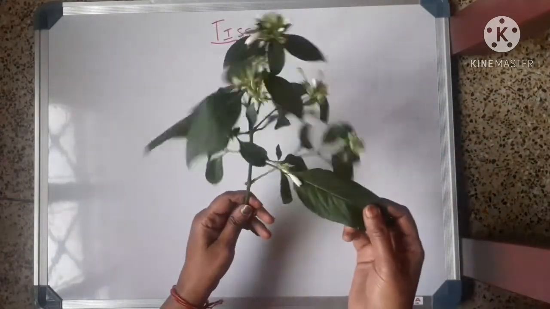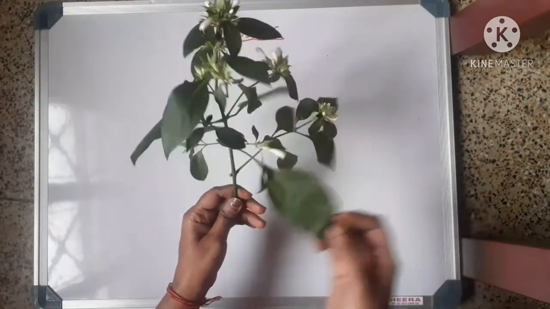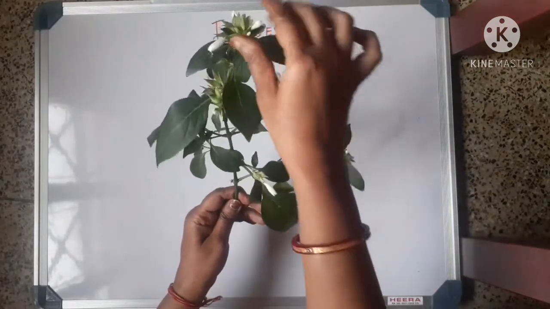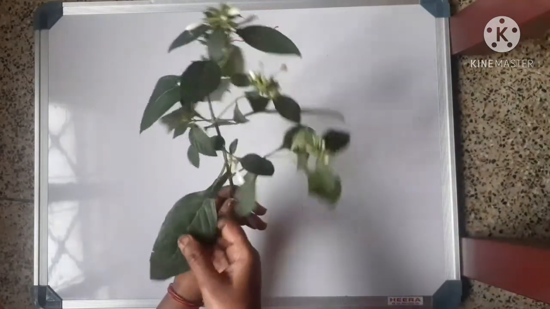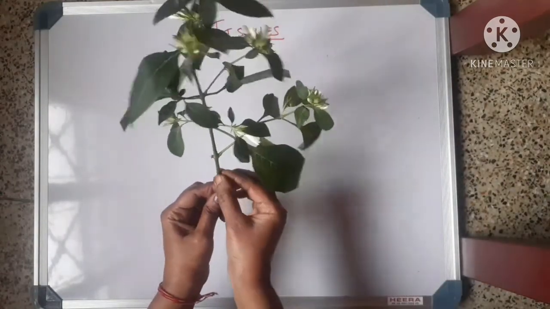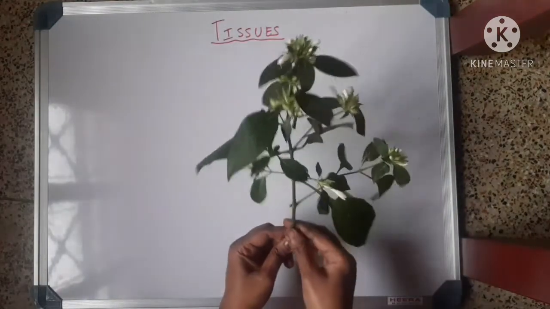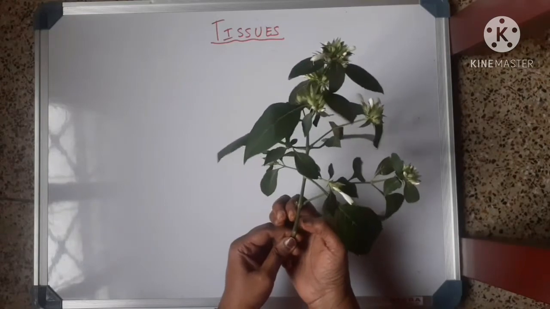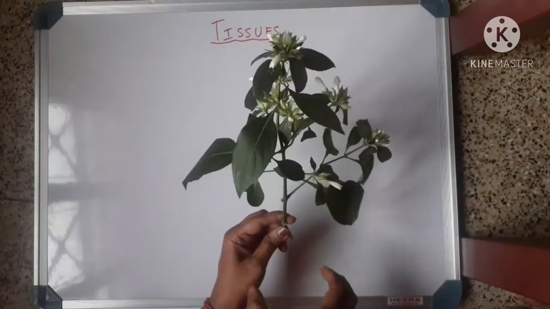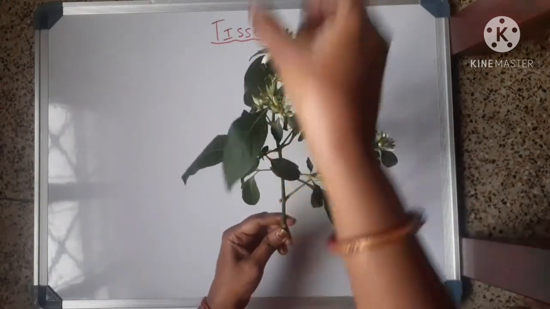Second one, meristematic tissue is of three types. The second one is apical. The meristematic tissue that is found in the tip of the plant is called apical meristem. Look here, as the stem gradually grows, the upper part of the stem is thinner compared to the lower part. The lower part, as you can see, is always broader. The broadness of the bark gradually decreases as you go upwards.